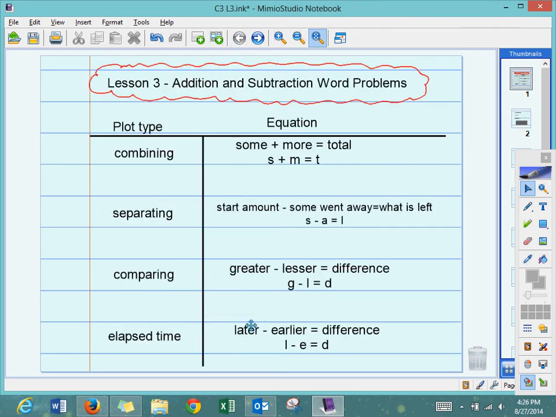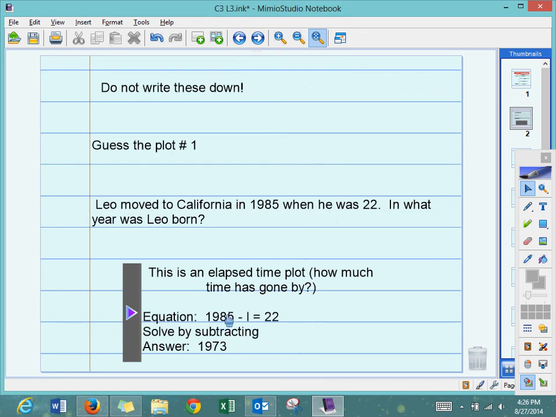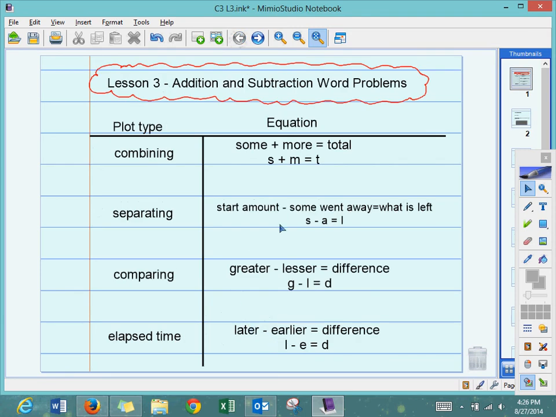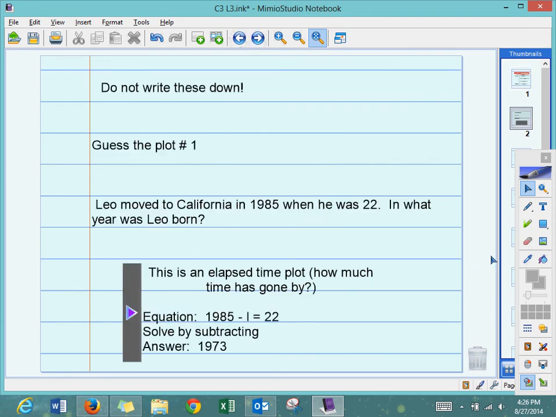If I go back here, I used the wrong variable, didn't I? That's what kind of tripped me up. This should be later minus earlier, L minus E equals D. I'll fix that on here for you. That should be an E. So, same thing. We need the earlier date, so we get 22.